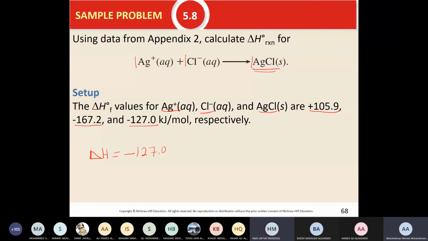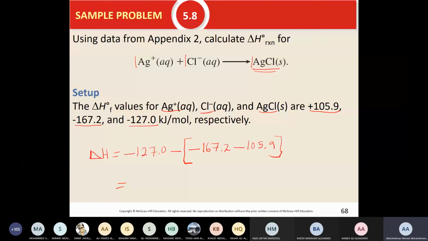And then minus, open brackets, for Ag, 167.2, and then minus also 127.0, and 105.9.